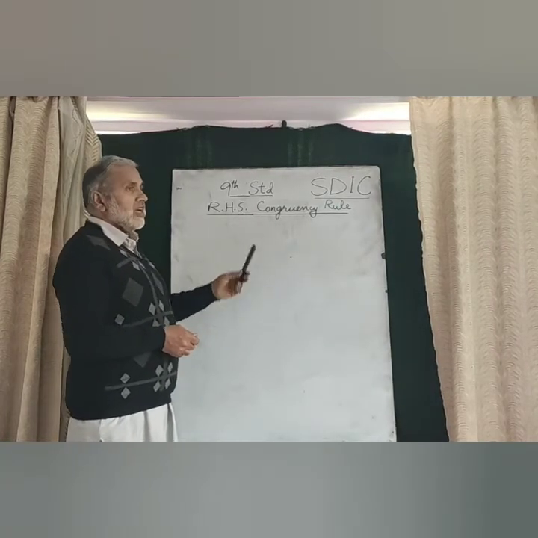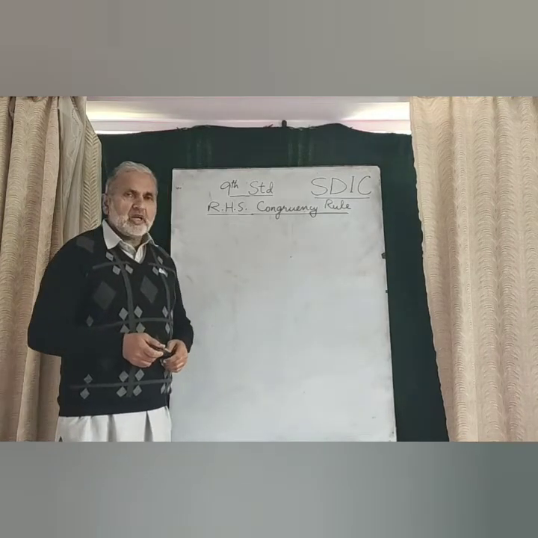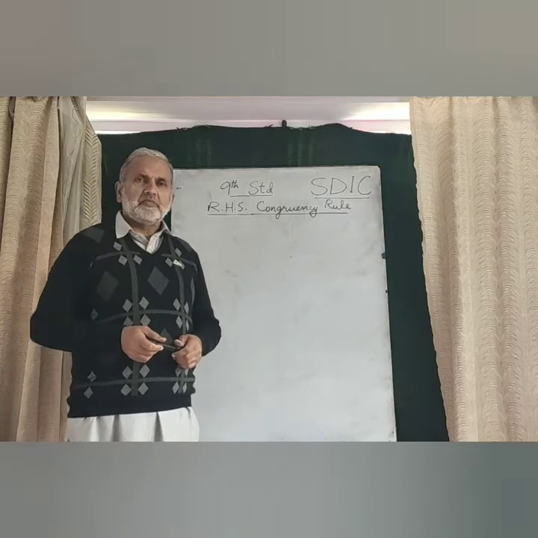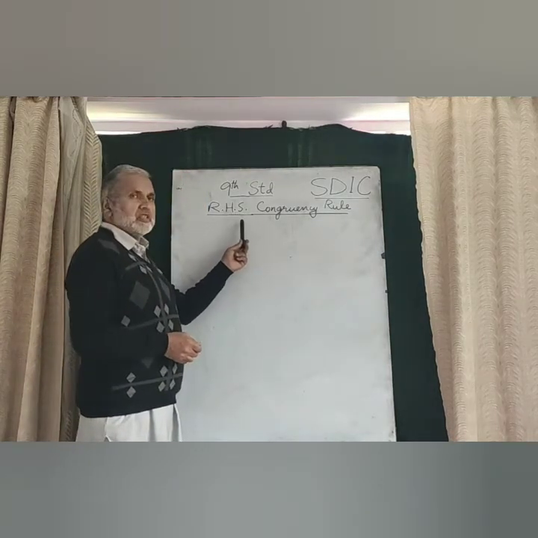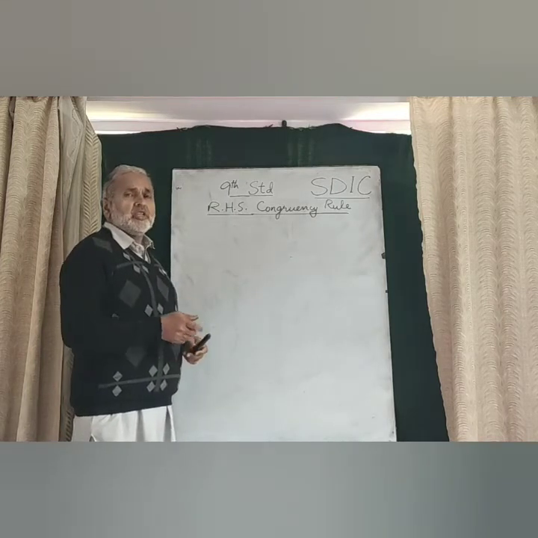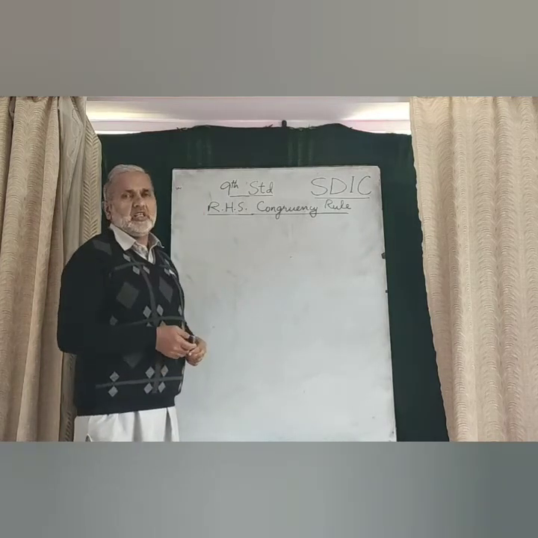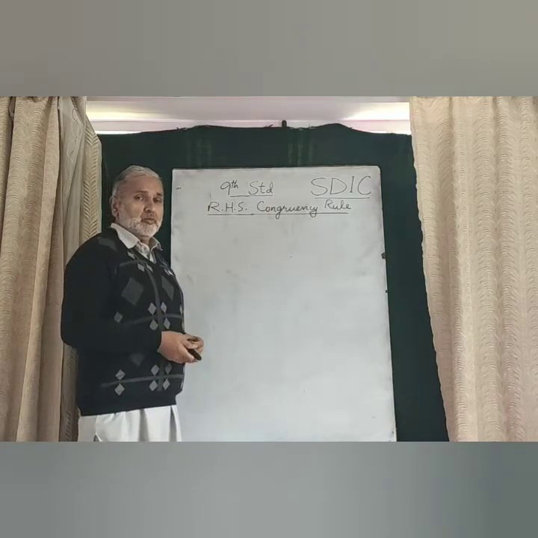And then S stands for side. Excluding the hypotenuse, there are two more sides. One of the sides you have to choose, because only one S is here. The length of one of the sides should be equal to the length of the corresponding side of another triangle. The second triangle also will have, excluding the hypotenuse, two sides.